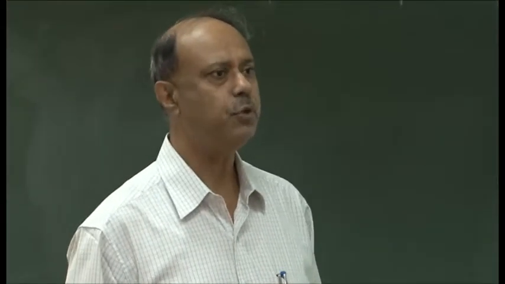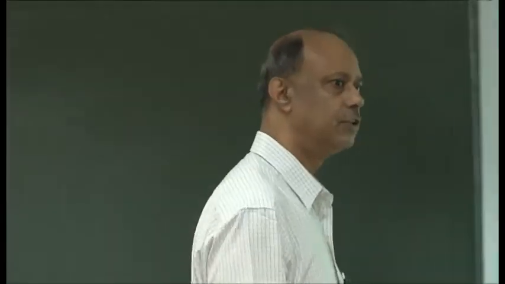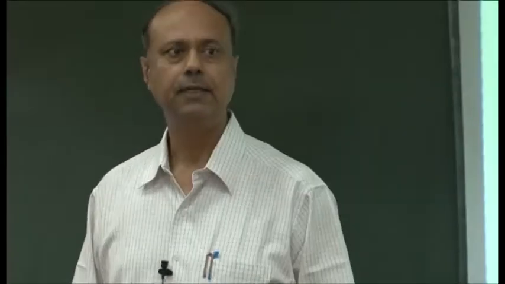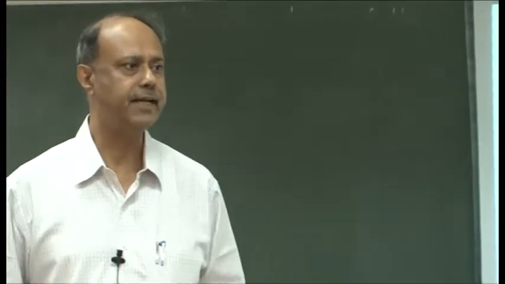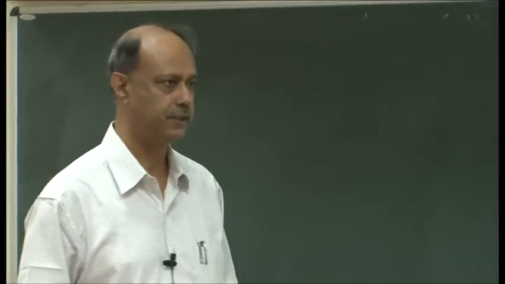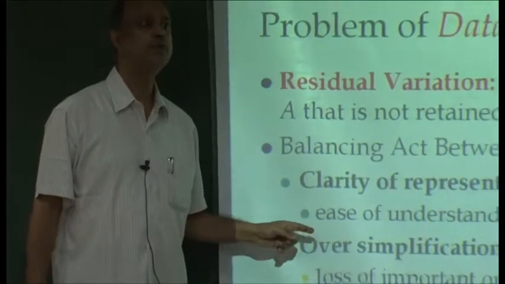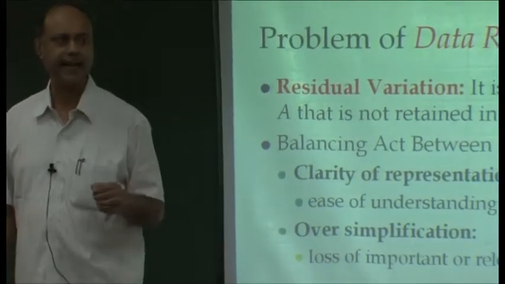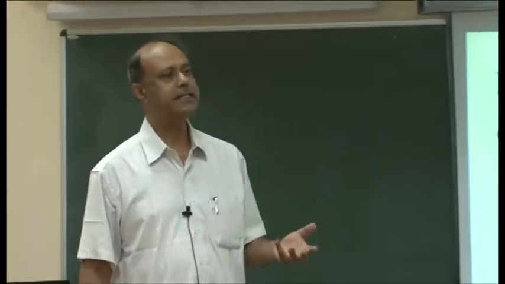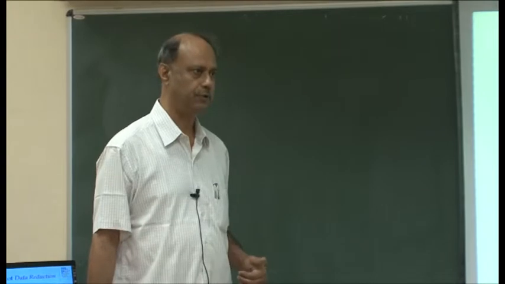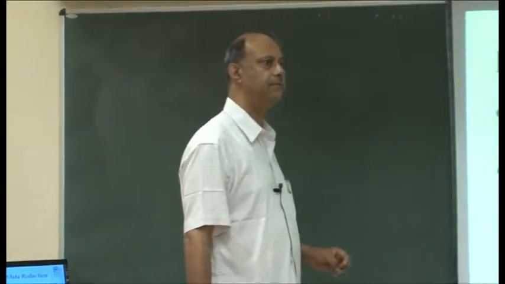Now, if I reduce to n cross k, some information will be lost, but you are simplifying. But by the process of oversimplification, you may lose certain information. So there exists a trade-off between these two. You have to choose such a k so that you get the maximum information, but also the maximum reduction of size. That is the problem.